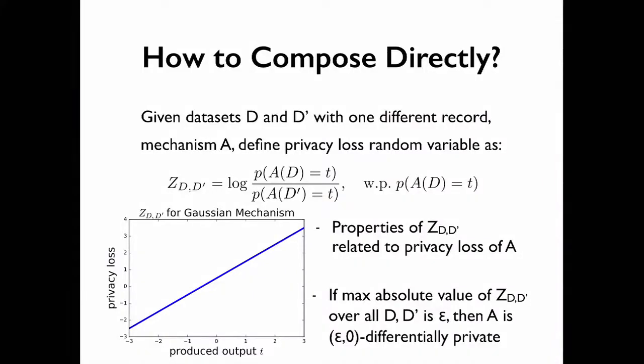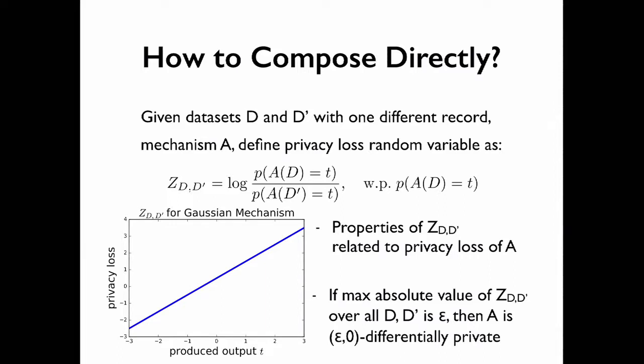Well, remember the privacy loss random variable that Anand talked about a couple of slides ago. If you have two data sets, D and D prime, that differ in a single record, and a mechanism A, then this is the privacy loss random variable. It takes the value log of the ratio of the likelihoods that A of D is equal to t versus A of D prime is equal to t, and the likelihood of this value is the probability that A of D equals t.